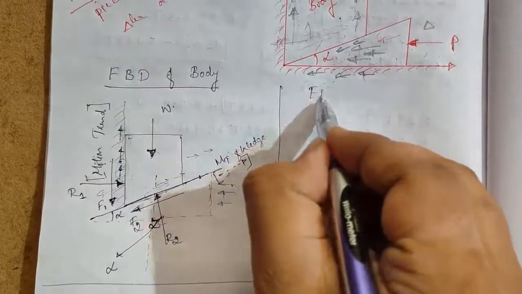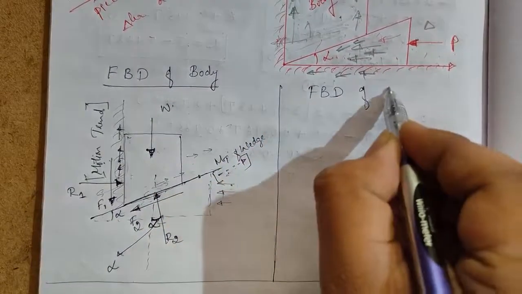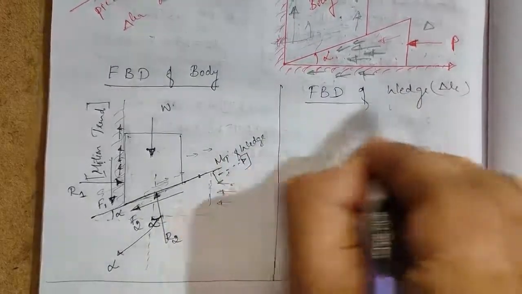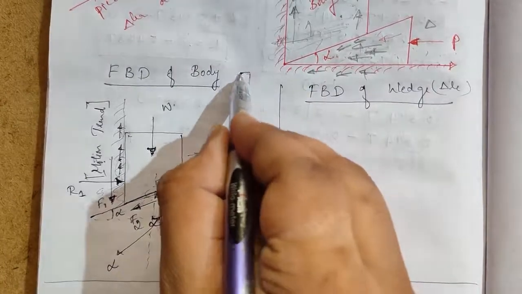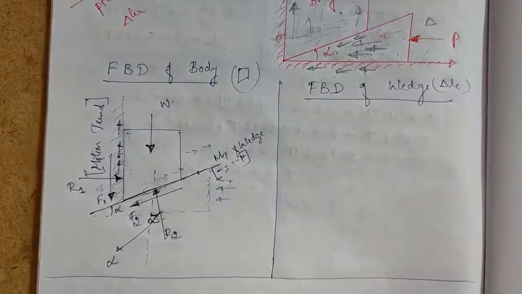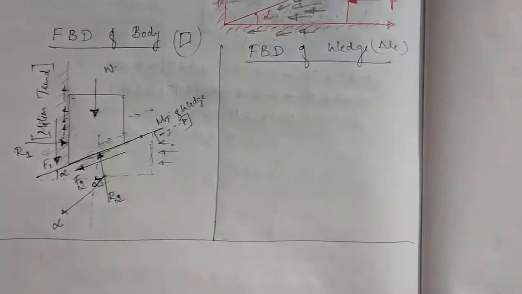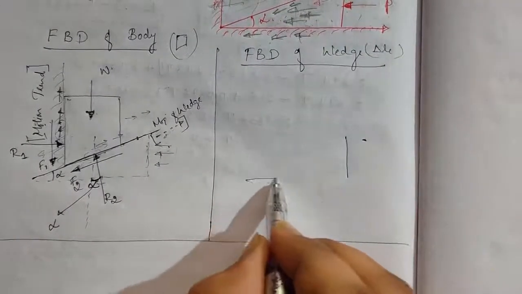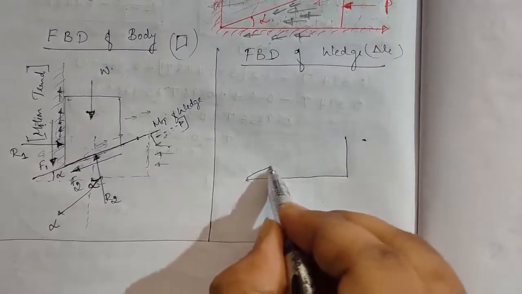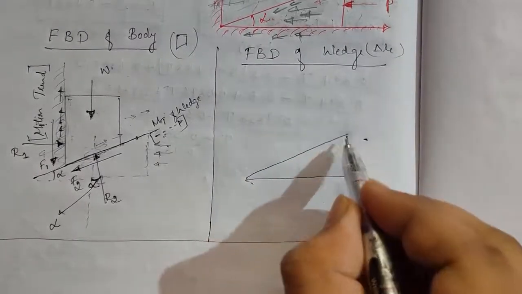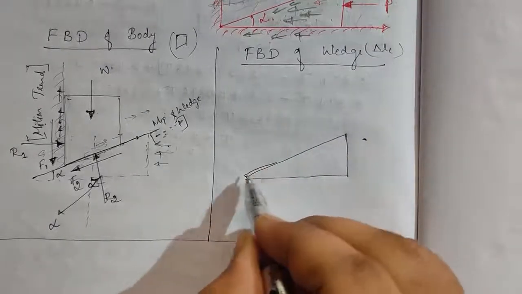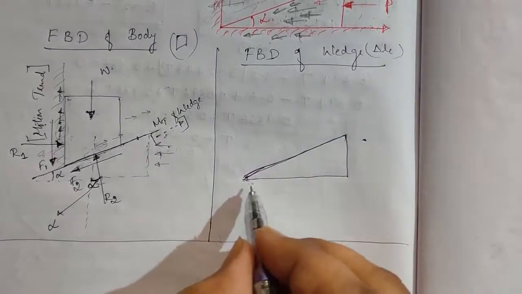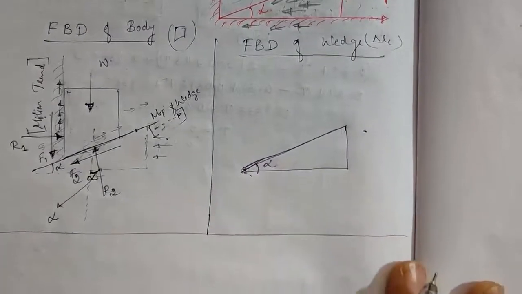Now I'll take the FBD of the wedge, that is of triangular section. So the trapezoidal one we found, now of triangular section. So I'll take the triangular diagram now. Okay, this is the wedge, right? It is with angle alpha.